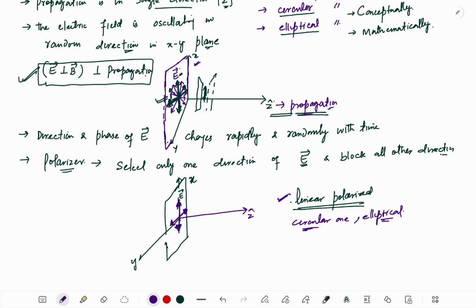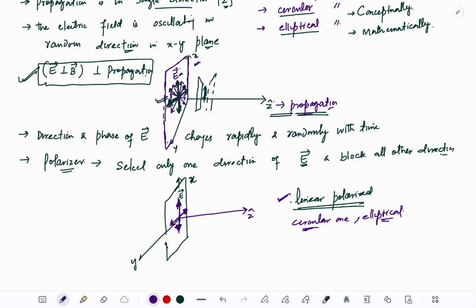So the electric field points in one random direction, we choose here the x-axis, and the magnetic field is in the xy plane, but it has to be perpendicular, and that's there always.